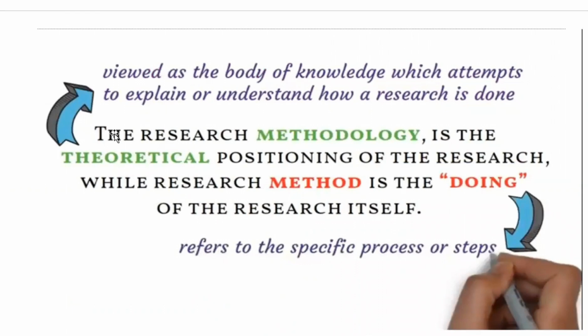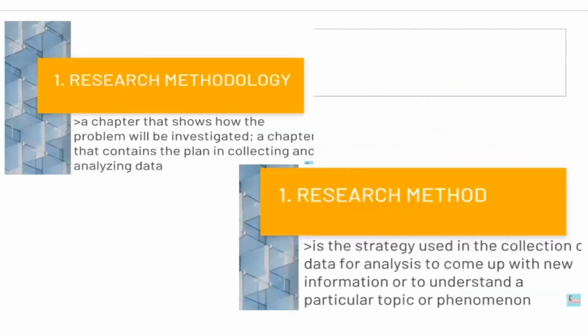So, the research methodology is viewed as the body of knowledge which attempts to explain or understand how a research is done, while the method refers to the specific process or step-by-step of doing the whole parts of the research.